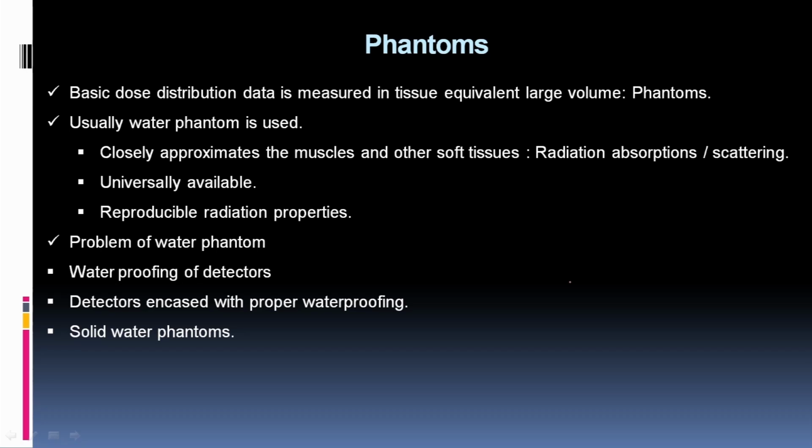They are known as phantoms. Now, what are phantoms? This basic dose distribution data is measured in tissue equivalent materials of large volume, which are known as phantoms. In radiation oncology, the water phantom is commonly used because water has a unique feature: it closely approximates the muscles and other soft tissues of the human body.